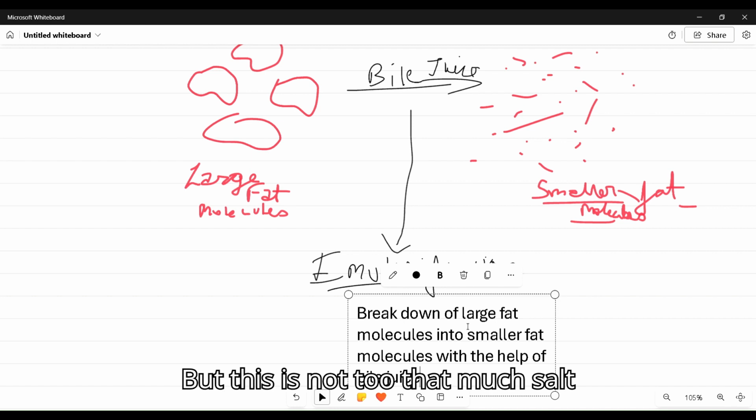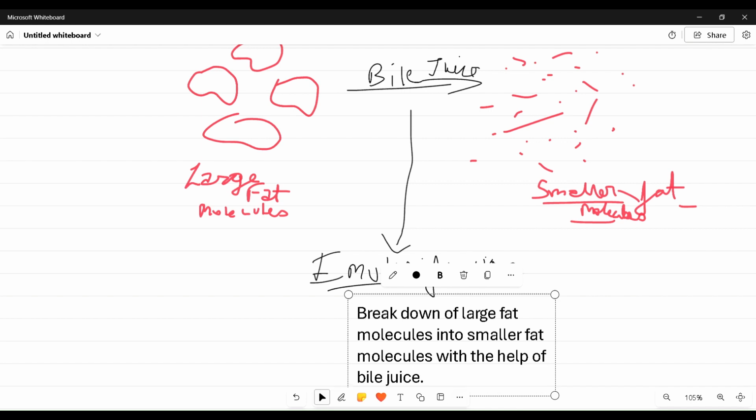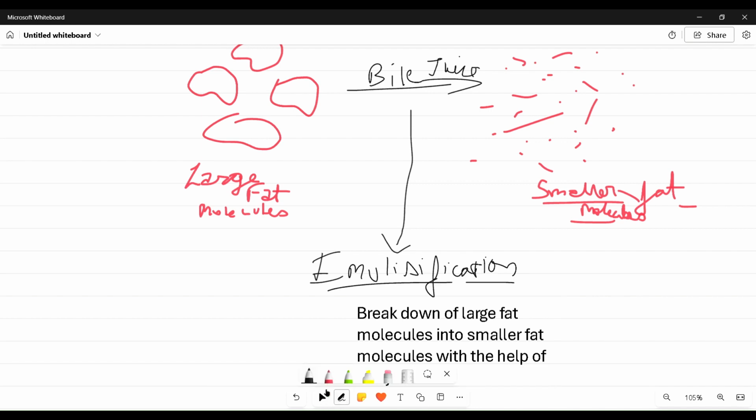But this is not so small that it could be absorbed by our cells.